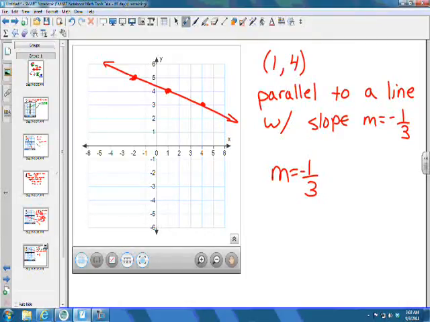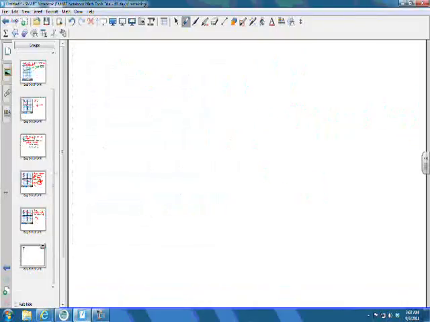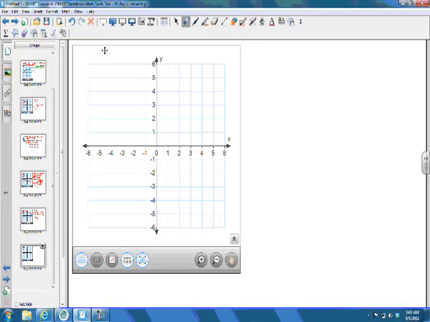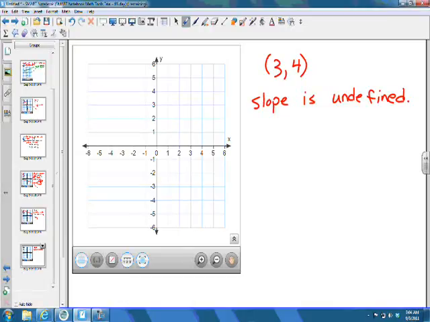One more quick example. This time I want to graph, it goes through the point 3, 4, and the slope is undefined. So this one goes through 3, 4.